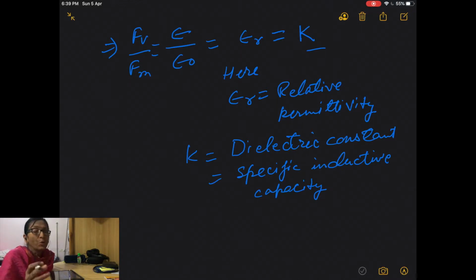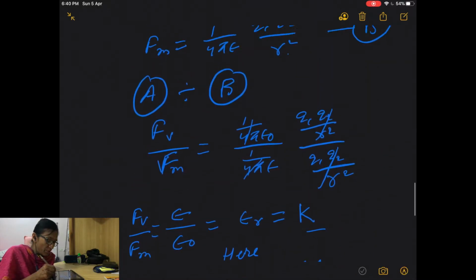Now while doing numericals, you have to keep these things in mind, because you will always be given different terms. Like suppose you have been given relative permittivity. So you find permittivity in terms of relative permittivity and absolute permittivity.